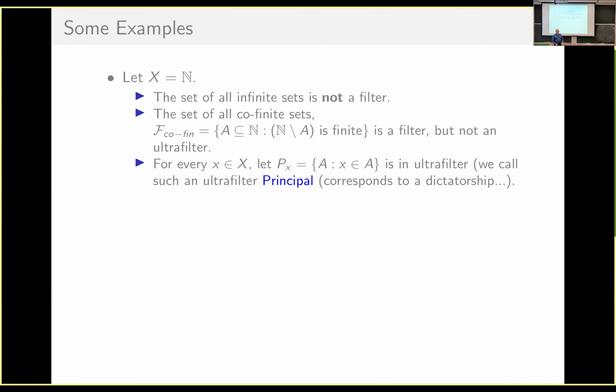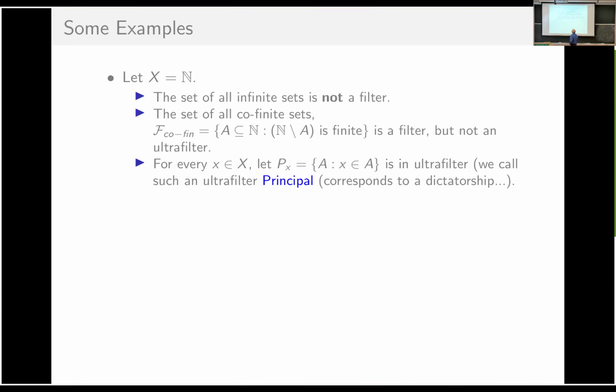You have one dictator, and every set that contains the dictator is a majority. And if the dictator is not in the set, it's not a majority. So that's an ultrafilter. It's closed under intersections, and every set is either a majority or not a majority, depending on whether this point is inside or outside.